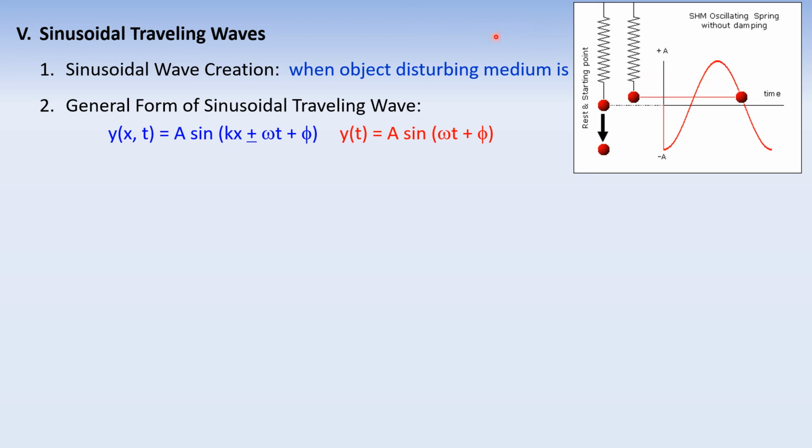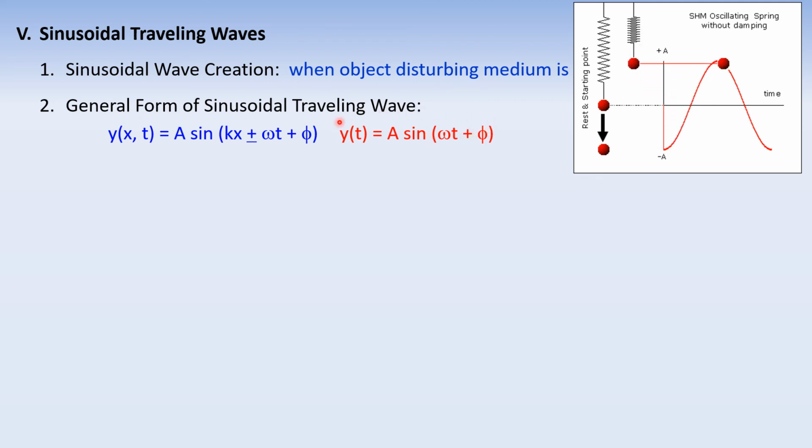Do you see here that when we compare these two expressions, the wave function to the equation of motion for the oscillator, the difference we see is this kx factor. We add in the kx factor, and the equation of motion for our oscillator, showing the position of one particle in the medium as a function of time, now becomes a wave function showing all the positions of the point x in the medium as a function of time.